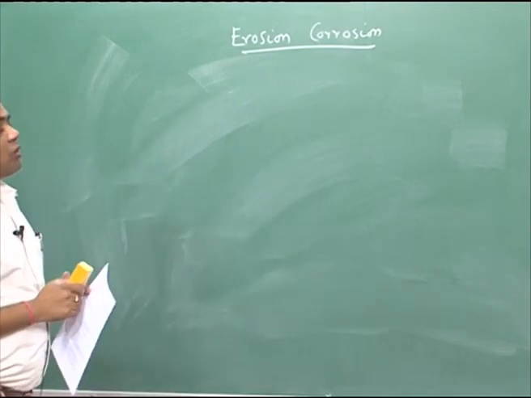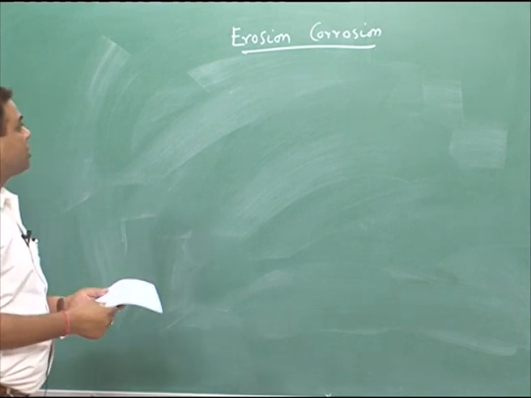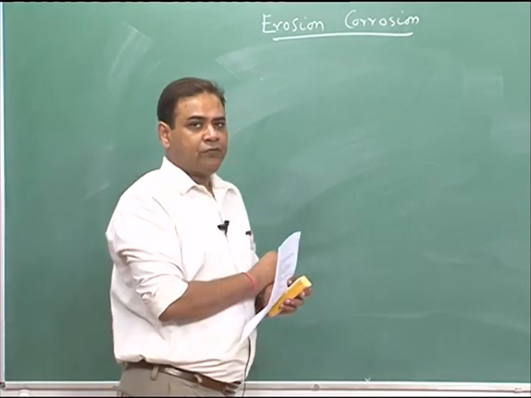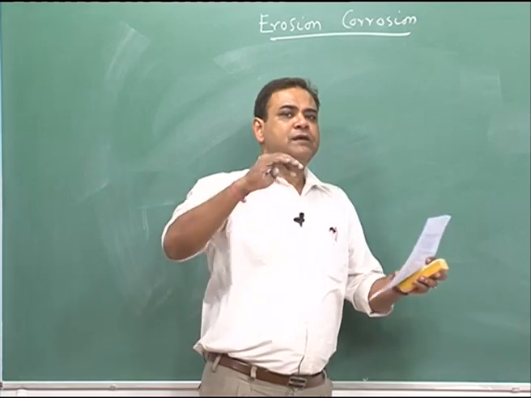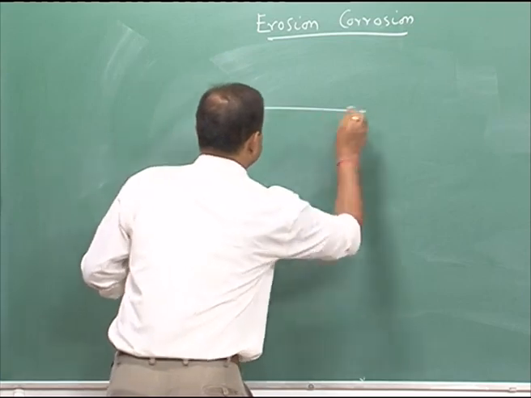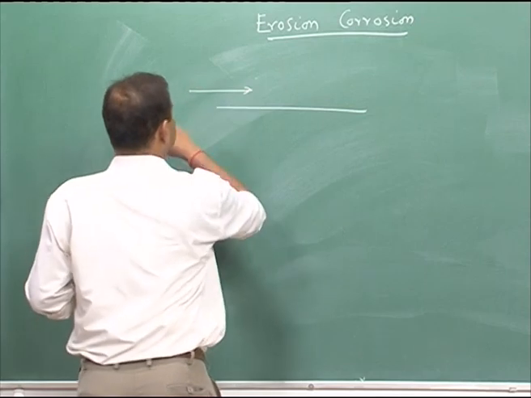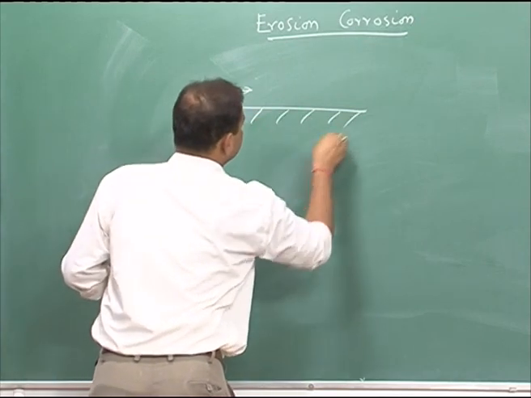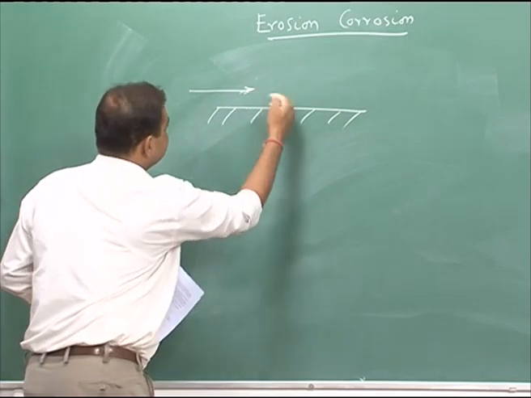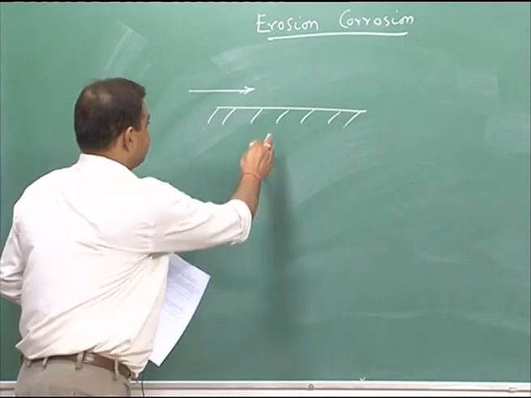So, this is another form of corrosion, erosion corrosion, and erosion corrosion is due to the relative movement of solution over the metal or alloy surface. Now, this is the metal or alloy surface, and over that the solution is moving, which means there is a relative movement between the solution and the substrate or the metal.